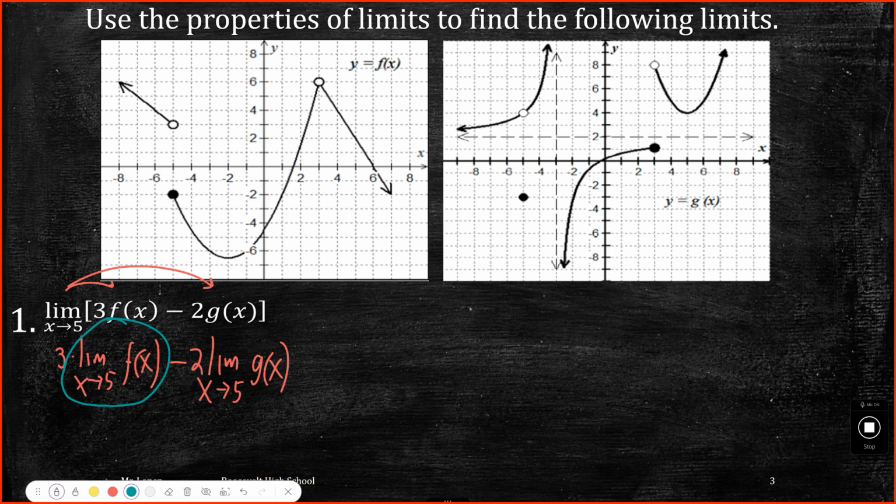The first graph is f of x, and this other graph is g of x. So we're looking at the first graph. What's the limit as x approaches 5 of f of x?